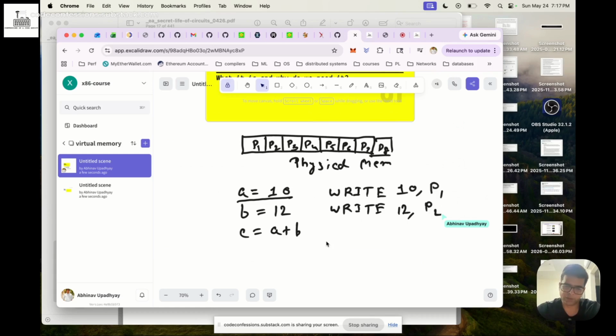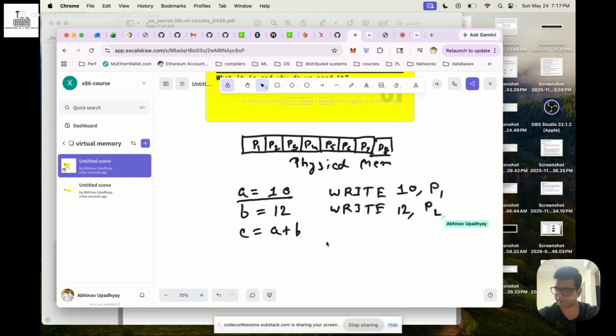You can think of four processes running at the same time, each using some amount of physical memory. So this approach, where physical addresses are hard coded in the program code itself, will not work, because P1 at the time of execution might be in use by another process. So this approach is not really viable.